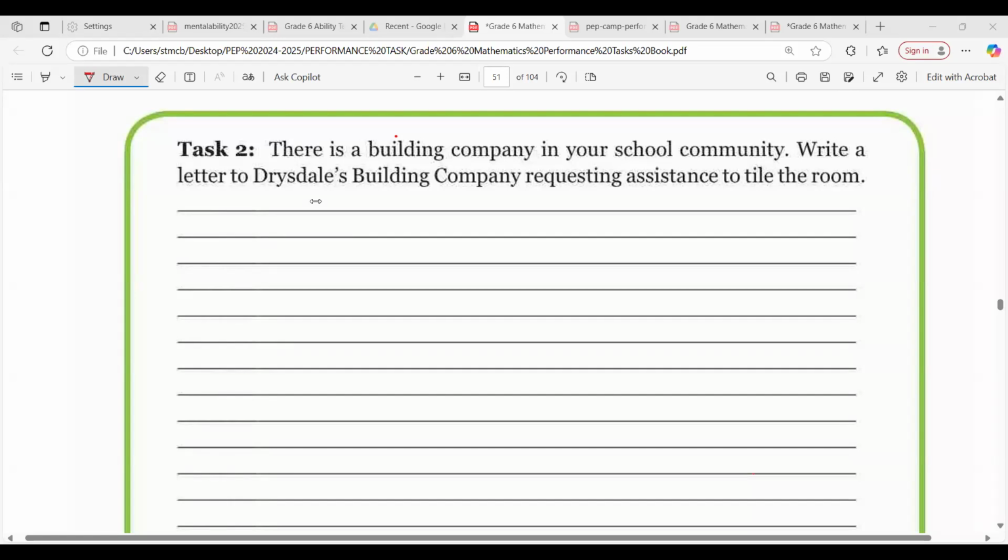Their team of experts has consistently delivered high quality results, demonstrating a clear commitment to excellence and customer satisfaction. Their contribution to our community has been invaluable, and I strongly believe that they would be an excellent choice for any future projects. I urge you to consider Darrell's Building Company for your building needs and cast your vote in support of their business. Sincerely, Jada.